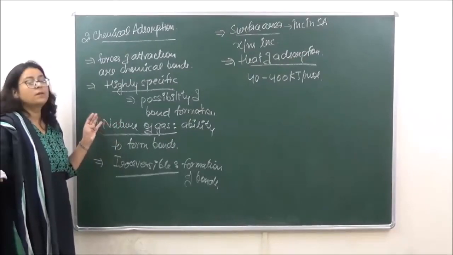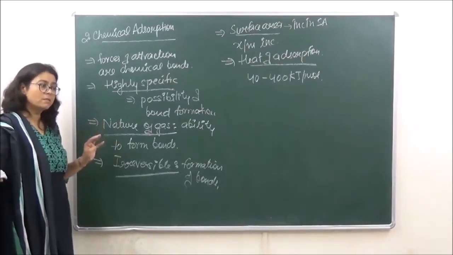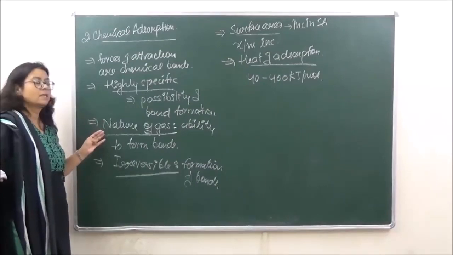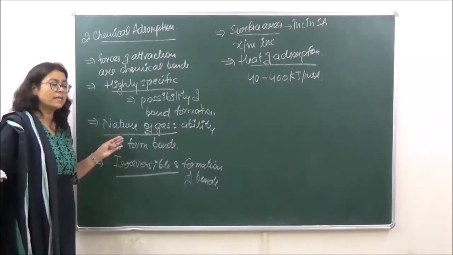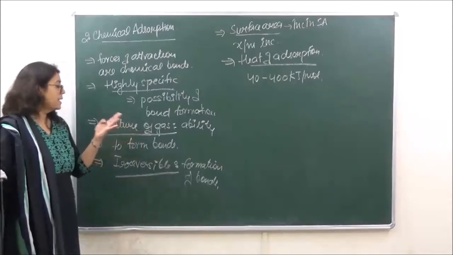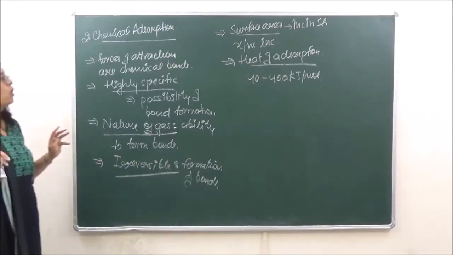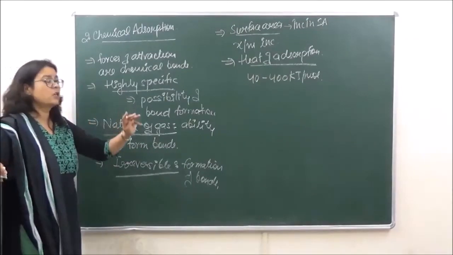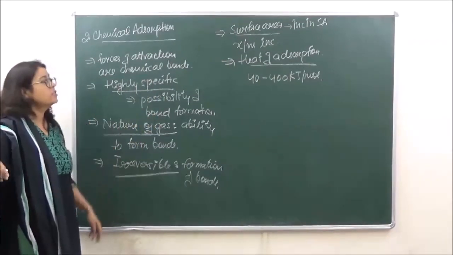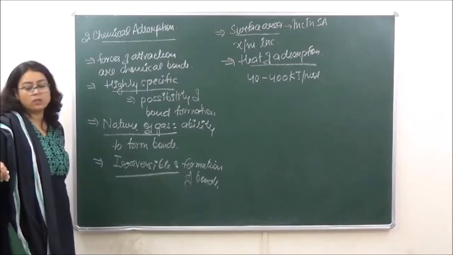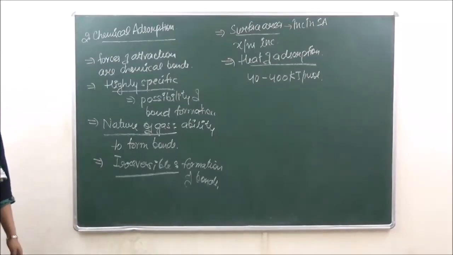Number 3, physical adsorption is reversible, whereas chemical adsorption is irreversible. And number 4, the heat of adsorption in case of physical adsorption is very less, whereas in chemical adsorption it is very high.